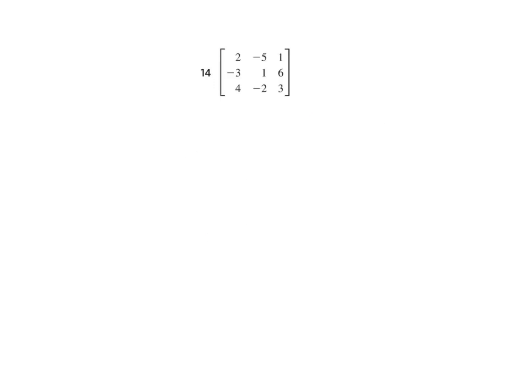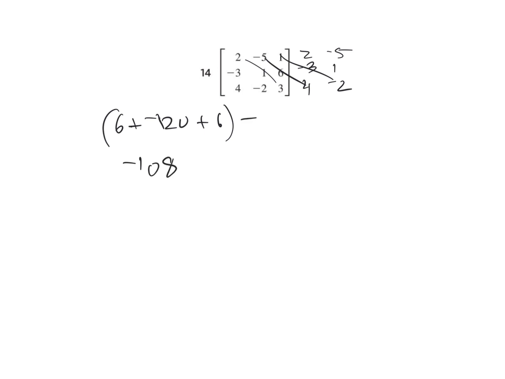Okay, so number 14. Let's go ahead and put those 2 columns down: 2, negative 3, 4, negative 5, 1, and negative 2. So the downward diagonal is 6. Negative 30 times 4 is negative 120. And the last one is positive 6. So that makes negative 108. Now we're going to subtract the upward diagonals.